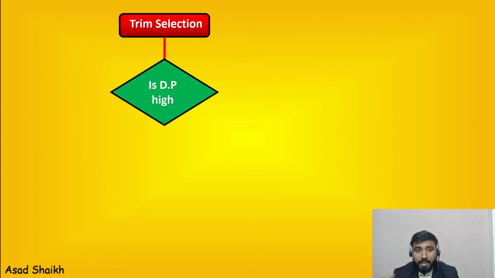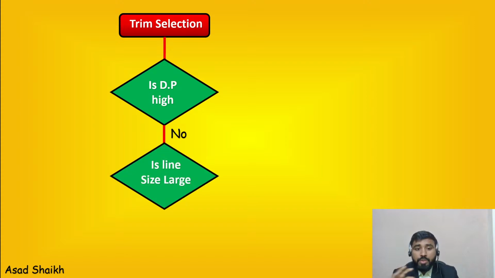Okay, that being said, now let us look into the trim selection chart. First you have to see, which I told you initially, a friend of mine has always been an advocate of DP. So if the DP is high or not, DP like 1, 2 bar is very minimum. As the DP increases to 50 bar, 100 bar, you have to understand how the DP is. Once you know that, then you look for whether the line size is large.